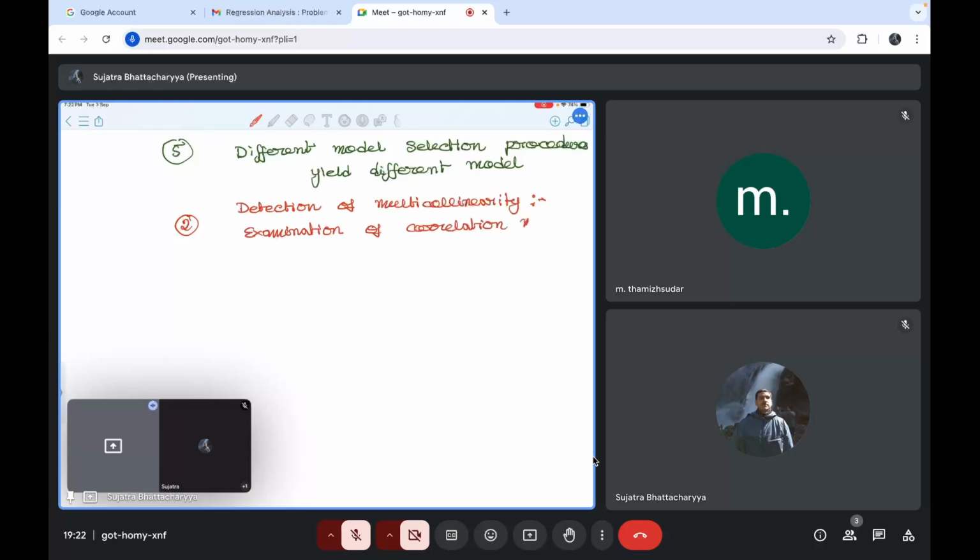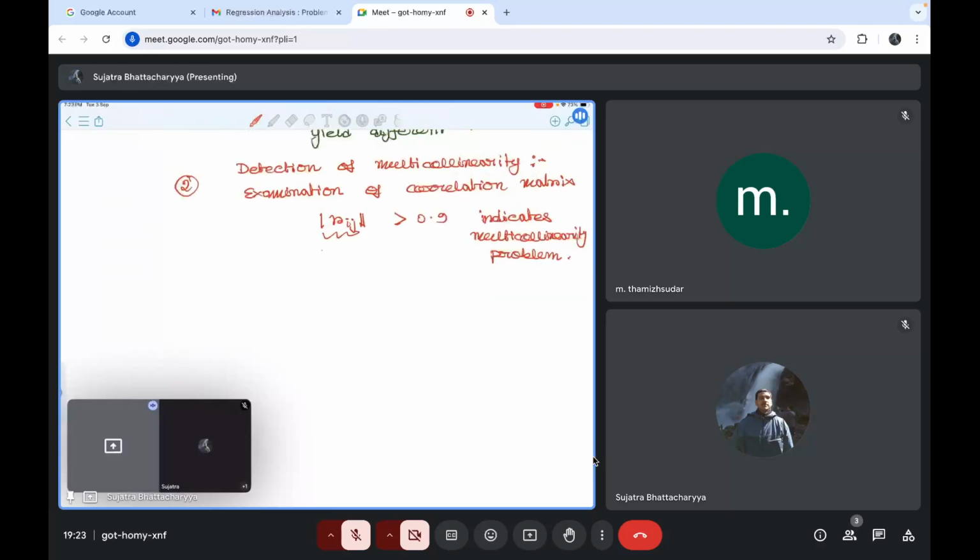So you find out r_ij. Of course, for two regressors, if the mod of r_ij is greater than 0.9, I've taken a mod because it can be plus or minus, then it indicates multicollinearity. It's just a threshold criterion.